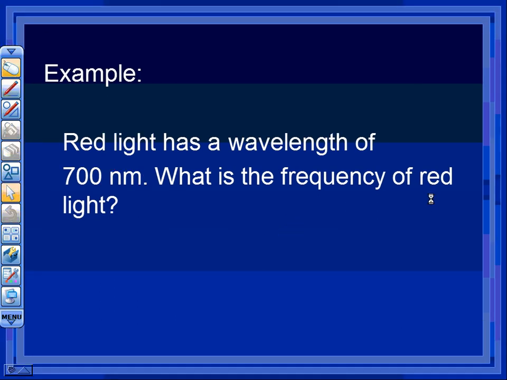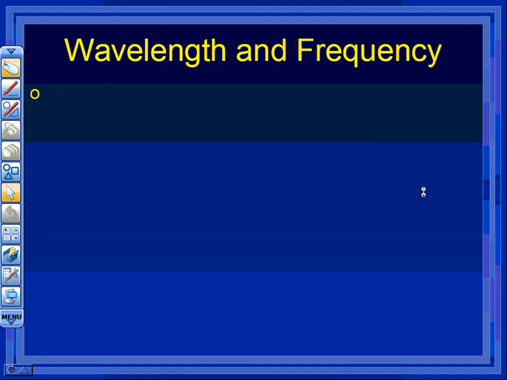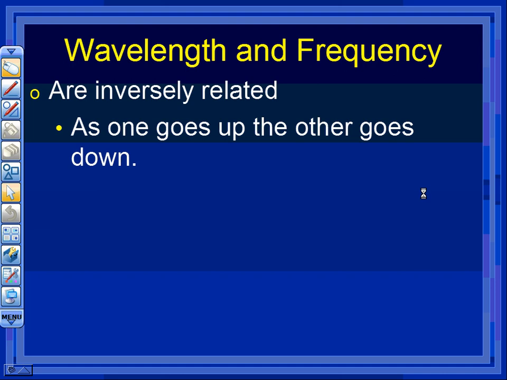Okay, we'll go on. We are now on number 13. And so it asks, how is frequency and wavelength related? And they're what we call inversely related. Wavelength and frequency, as one goes up, the other goes down. If it has a very long wavelength, then the frequency is going to be really low.